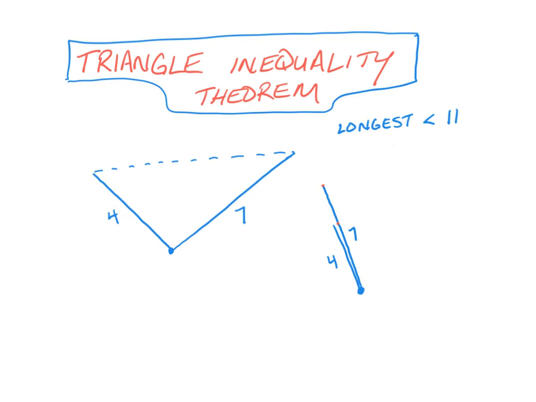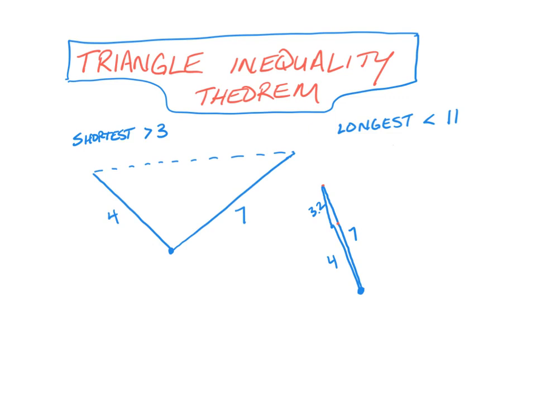So the smallest that third side could be can't be 3, because if it's 3, the 3 plus the 4 equals 7. It's going to be a straight line. So it has to be bigger than 3, maybe like 3.2. So the shortest it could be is greater than 3.